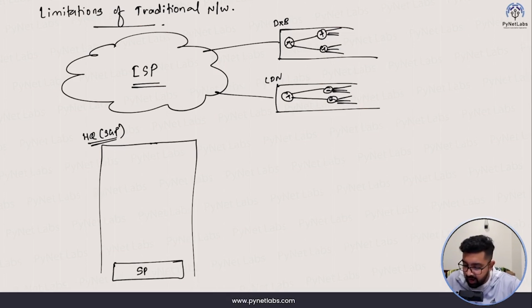That server has several virtual machines installed, virtual machine number 1, number 2, and number 3. These virtual machines are nothing but business applications.